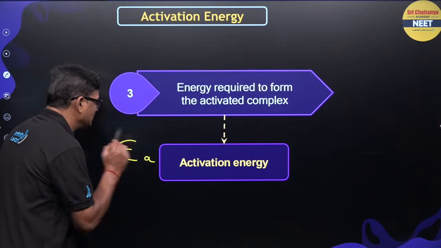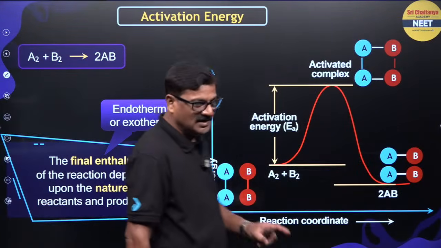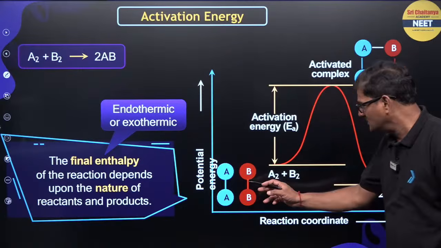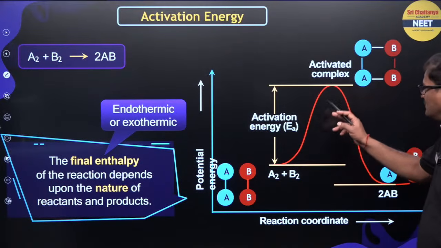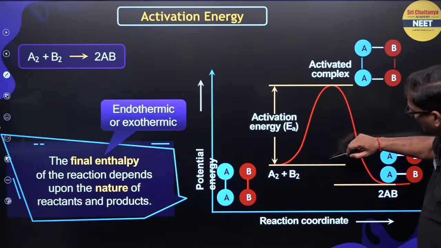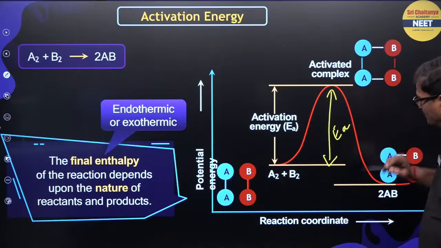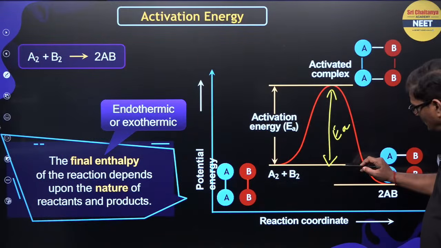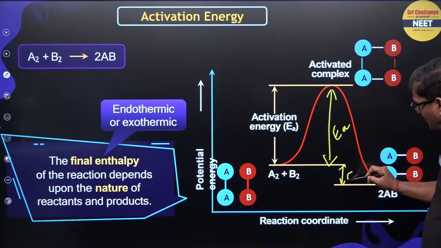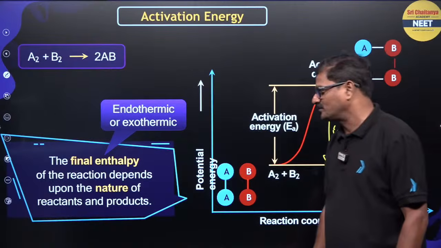It is given as Ea. You have a reactant, and you give the energy to make an activated complex, and the energy you want to give is called the activation energy, and a product is formed. And the difference between the reactant and the product is going to be the enthalpy of the reaction.